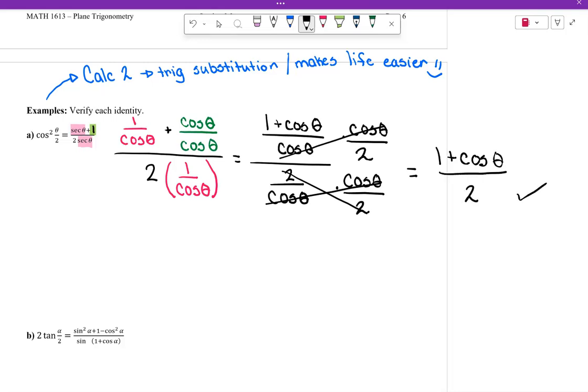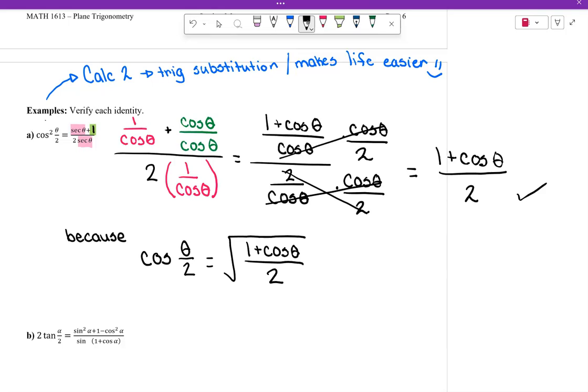And we're actually done, and this is the reason why: cosine of that half angle is equal to the square root of 1 plus cosine of theta over 2. We were asked to find cosine squared, so basically we square both sides, and then these end up canceling out. So we are actually good over here.